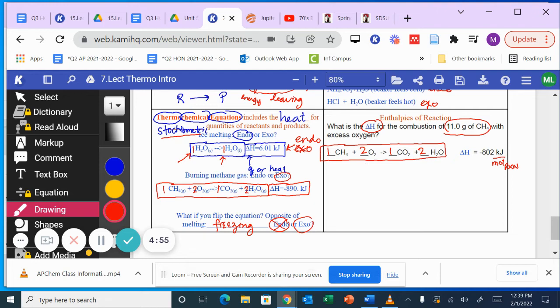To start, you're going to write down the given, 11.0 grams of CH4. In the end, they're asking for the delta H, or the heat, so the heat is going to be in kilojoules. First I'm going to change grams to moles.